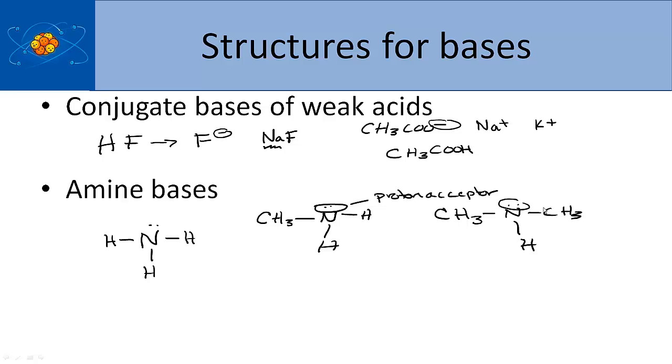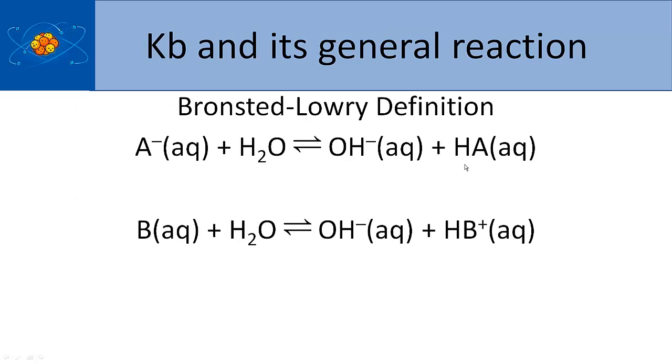So let's look at how we generalize acid-base reactions for weak bases. To describe the acid-base properties of weak bases, we're going to use the Bronsted-Lowry definition. And remember, the Bronsted-Lowry definition talks about proton donors and proton acceptors.